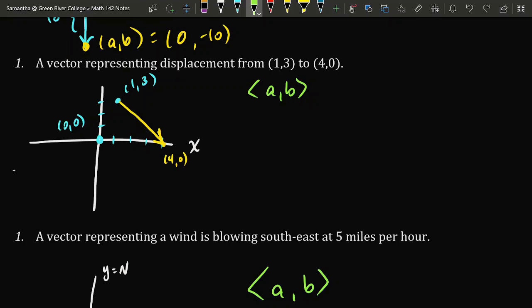For example, I would say to myself, okay, I have moved from the position where x is equal to 1 over to this position where x is equal to 4. When I did that, I moved 3 units in the positive x direction. I have also moved 3 units in the negative y direction to move from 3 down towards 0.